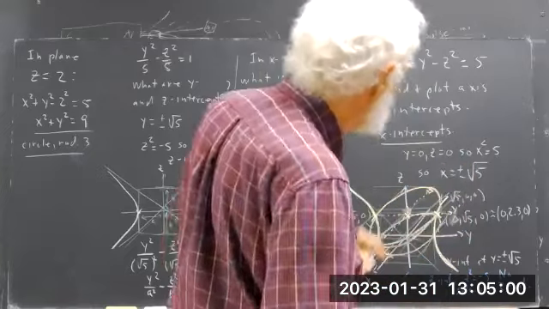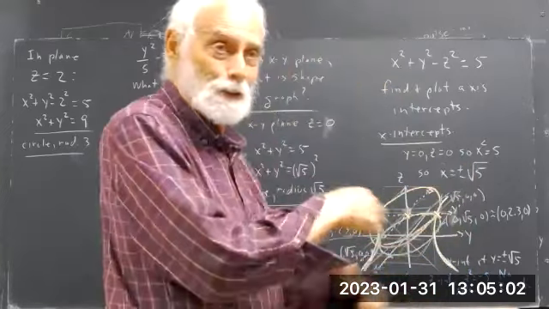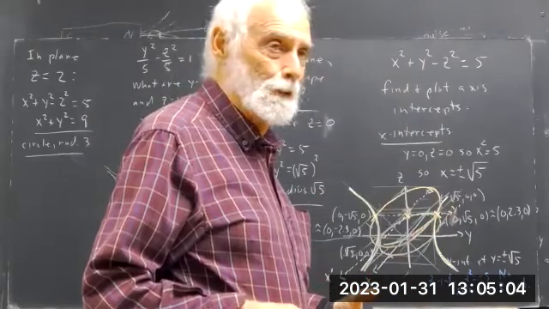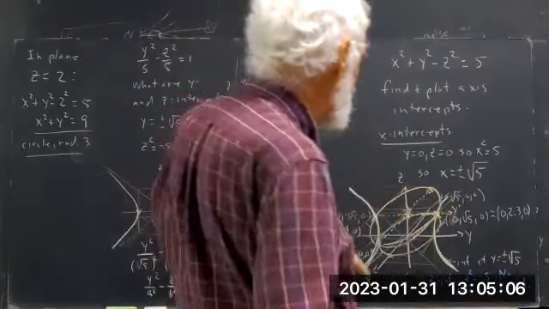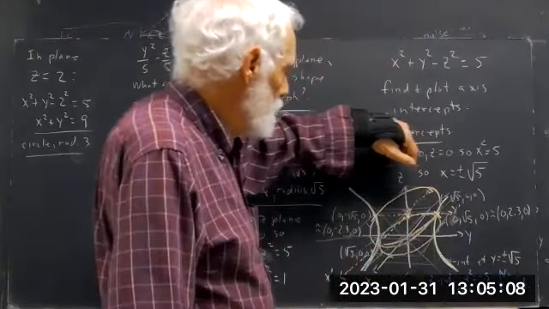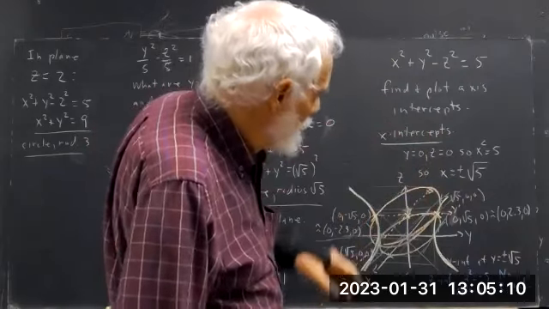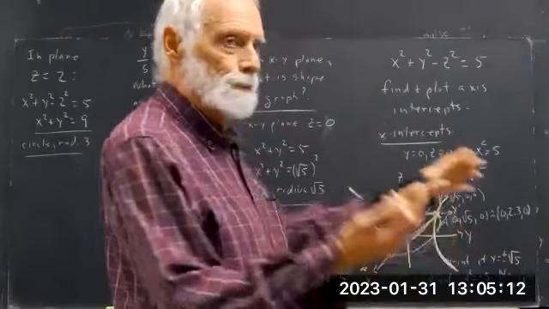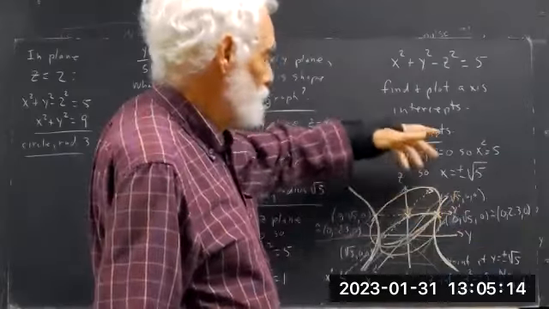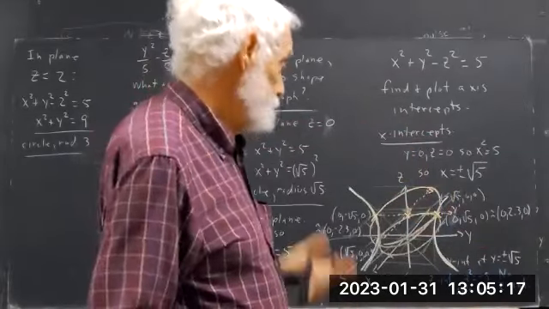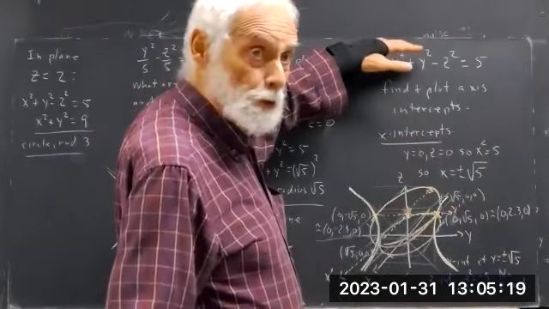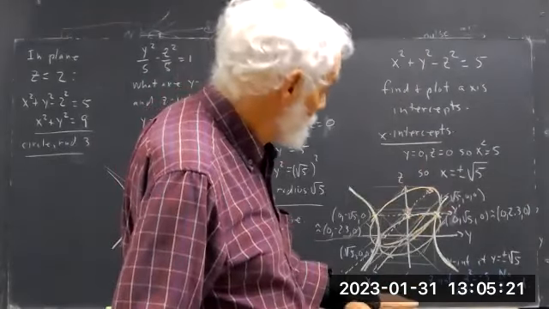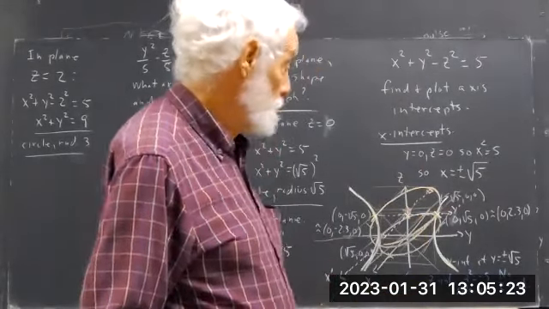There's a word for it, but okay. Just rotate the hyperbola, you get the figure. Bigger and bigger circles as you go up, bigger and bigger circles as you go down from the XY plane.